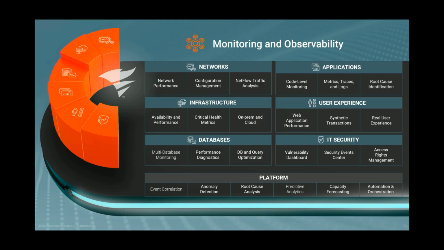The database piece, being able to see what's going on in the database, but also optimizing our queries to make sure that we're pulling the information in an optimized way. And then finally, tying those together with our AI and machine learning of event correlation, anomaly detection, and root cause analysis. Being able to predict what's next.